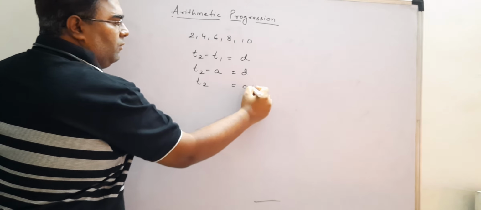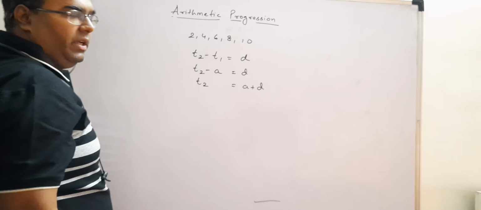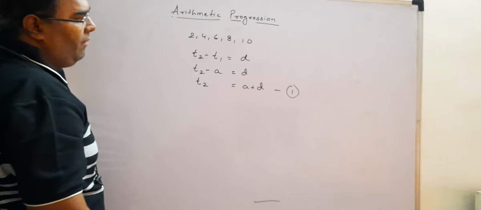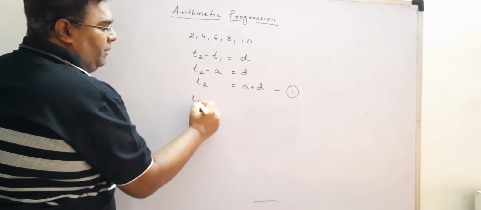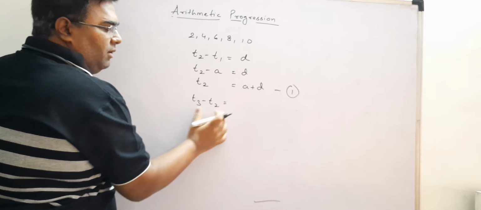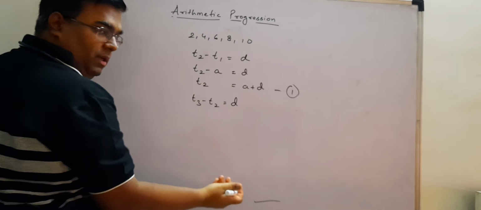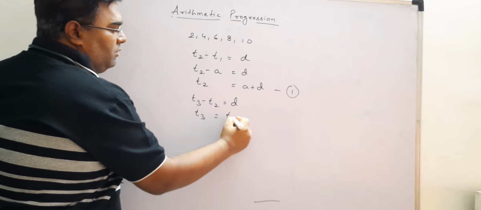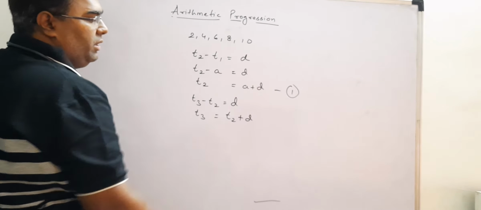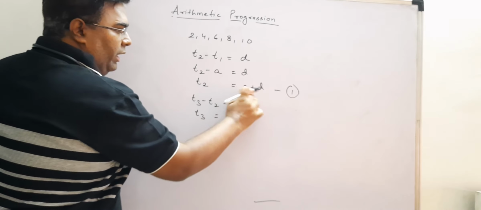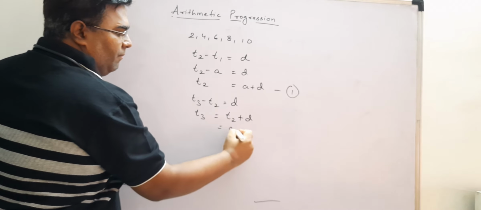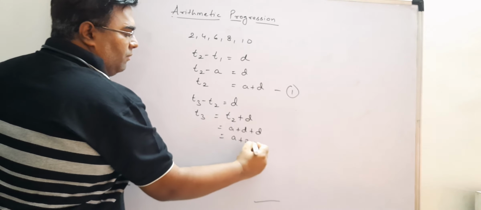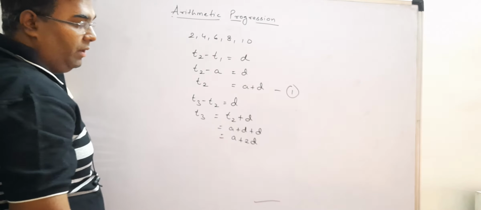T2 is A plus D. Remember this. Now what is T3 minus T2? Again two consecutive numbers, so this should also be D. So T3 is T2 plus D. But T2 is A plus D. So it is A plus 2D.